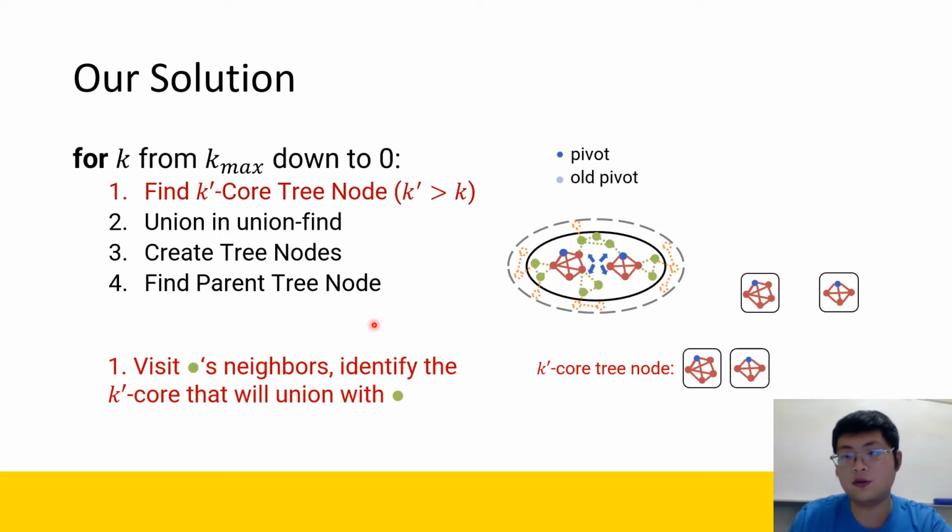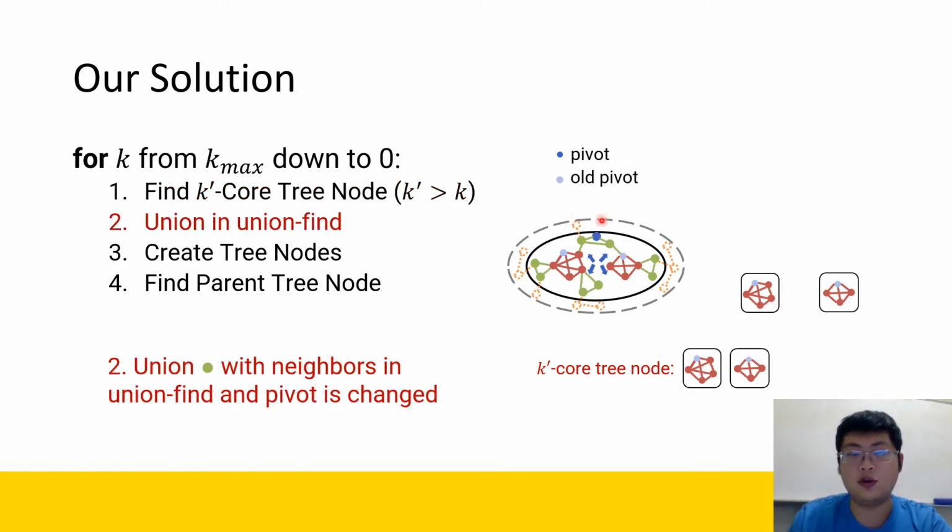The first thing we need to do is visit the green vertices' neighbors and identify the K prime cores that will union with the green vertices. Here K prime is larger than K, and we got 2 K prime core tree nodes. We store them.